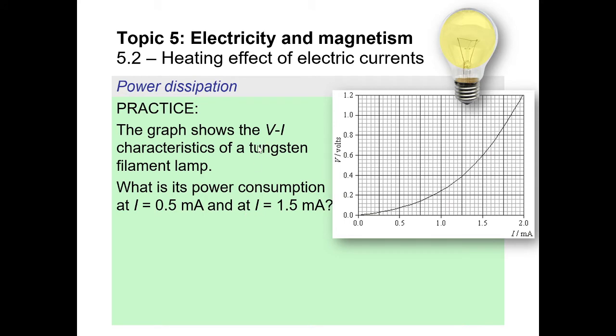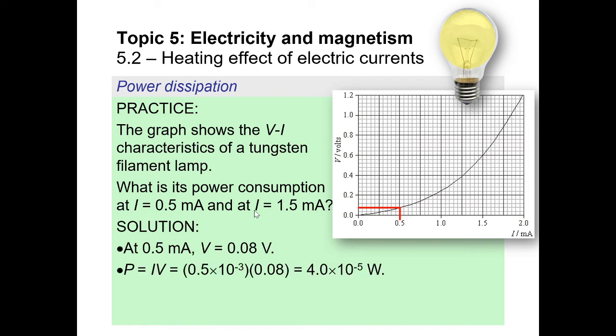Okay, so here's the VI characteristics of the tungsten filament lamp. What is its power consumption at 0.5 milliamps and 1.5 milliamps? Well, we looked at the same graph before. We figured out the resistance at 0.5 milliamps and 1.5 milliamps.